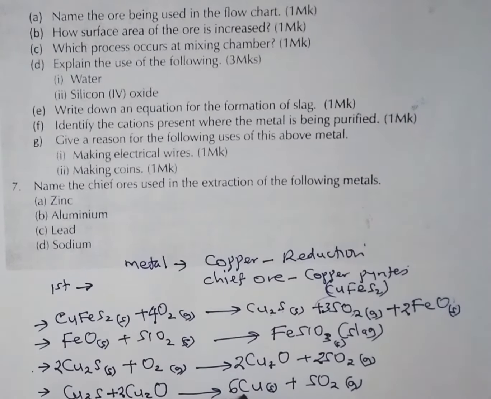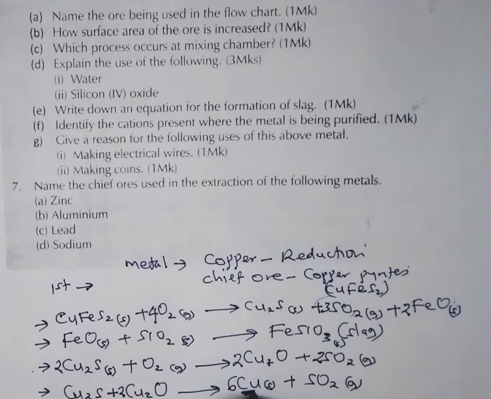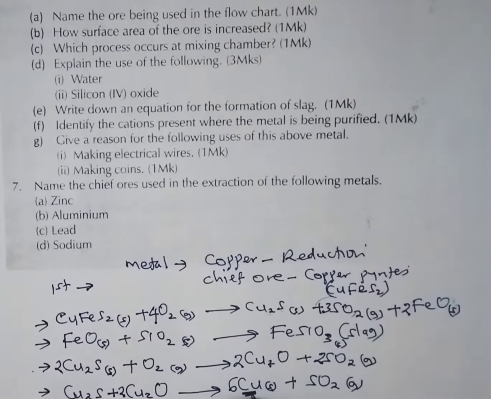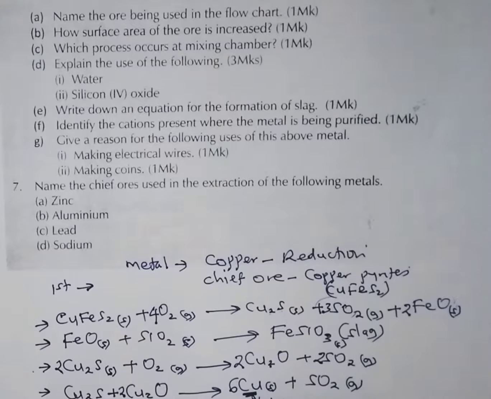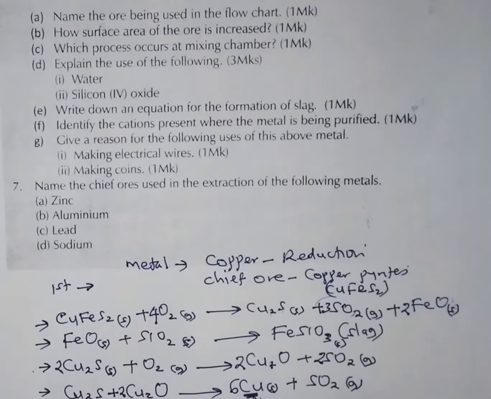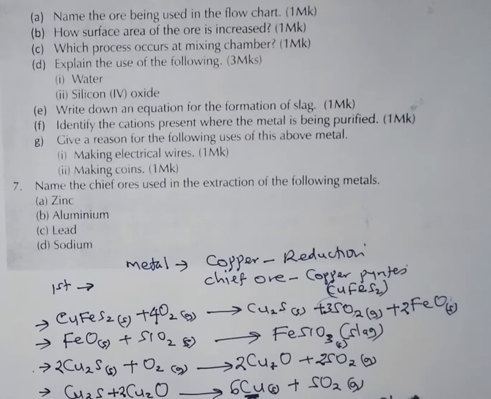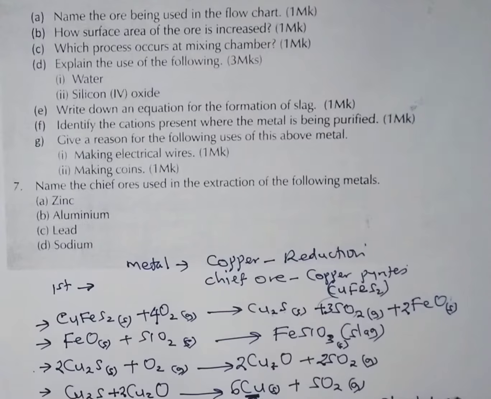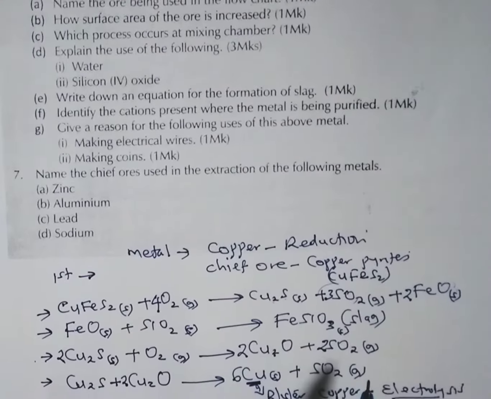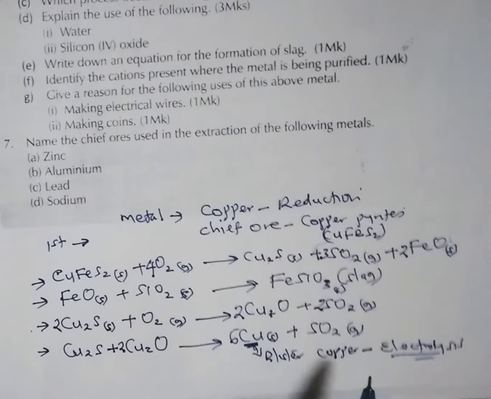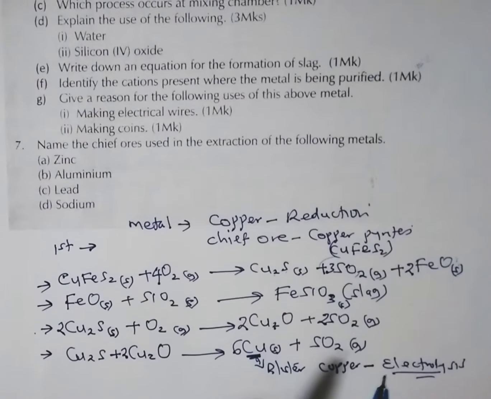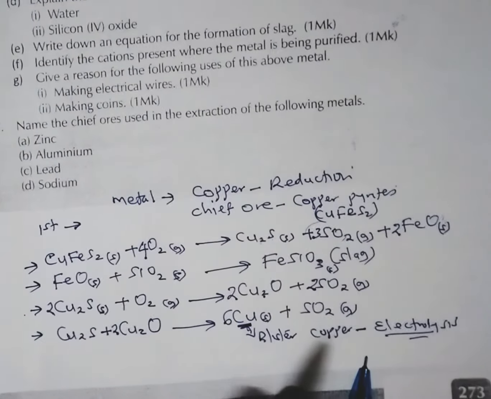In this case, we have copper, but the copper we have obtained is impure, and therefore we call it blister copper. And blister copper is made pure by carrying out what we call electrolysis. The diagram we use to purify copper metal will look like this.